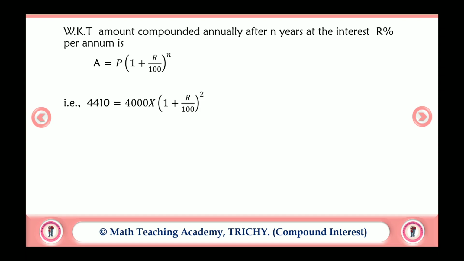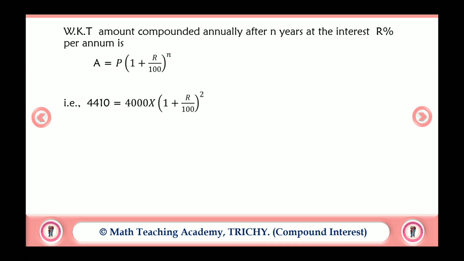And the principal is given as 4,000, that is why in place of P we have replaced 4,000. The period is given as 2, so in place of n we have replaced 2. We don't know the rate of interest, so keep R as it is. From this equation we have to find the value of R, that is the interest rate.